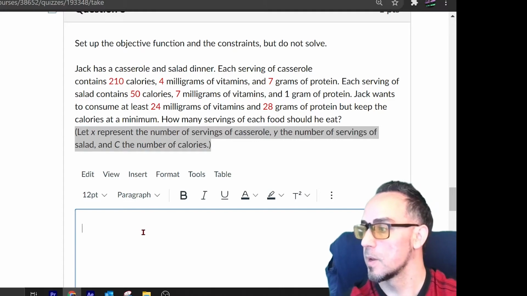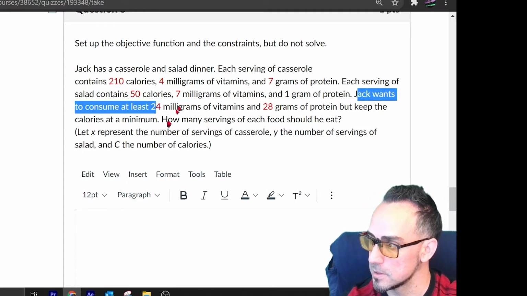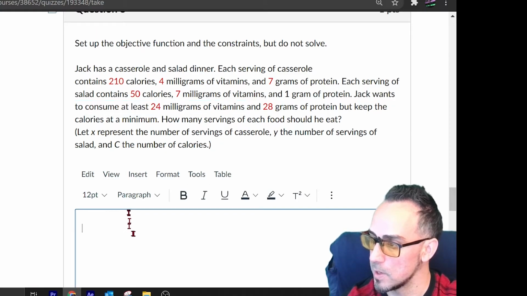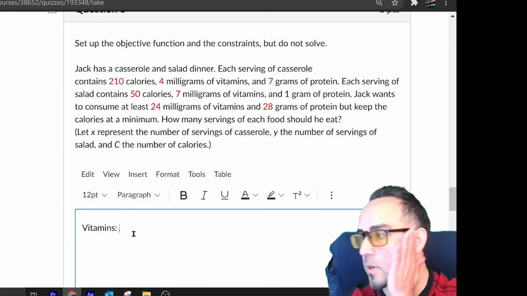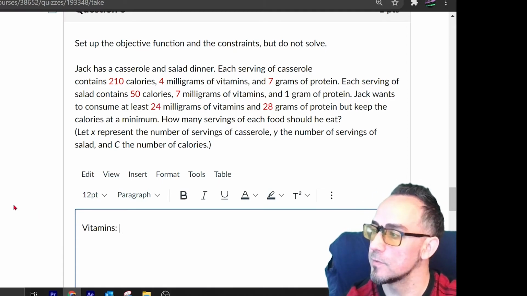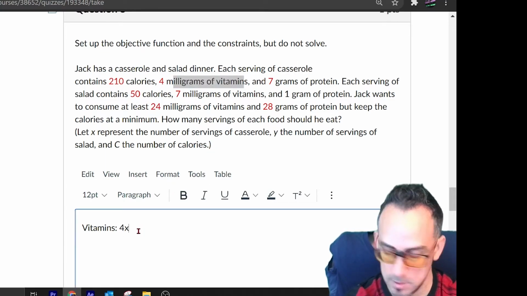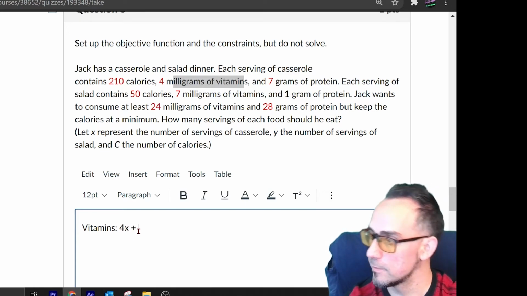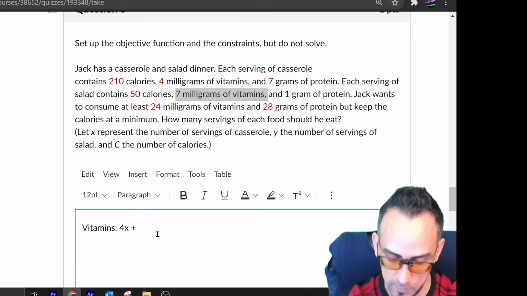So here is what I'm gonna do. Look, Jack wants to consume at least 24 milligrams of vitamins. How many servings of each food should he eat? We got X and Y. As far as the vitamins go, they go 4X because the casserole has 4 milligrams of vitamins, so we could say 4X plus, and then for the salad we have 7 milligrams of vitamins, so 7Y.